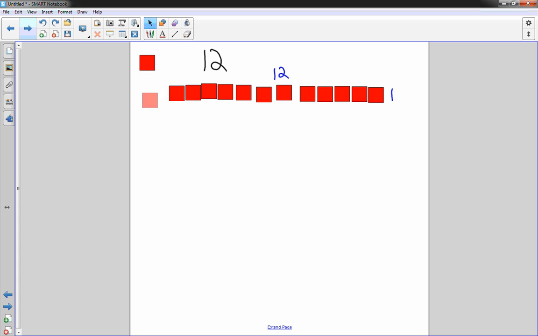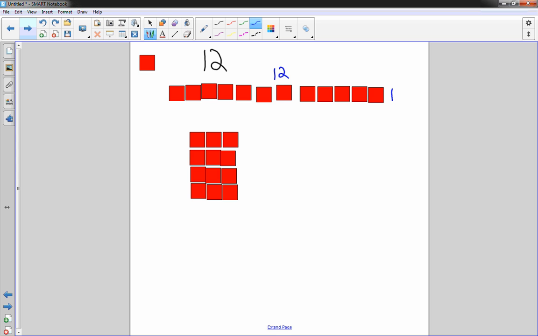Another way to make a rectangle with 12 tiles is to build it like this, which is 3 by 4, or 3 times 4.